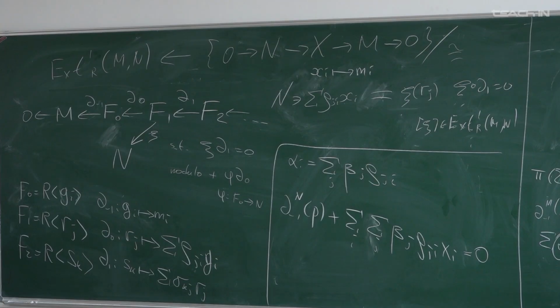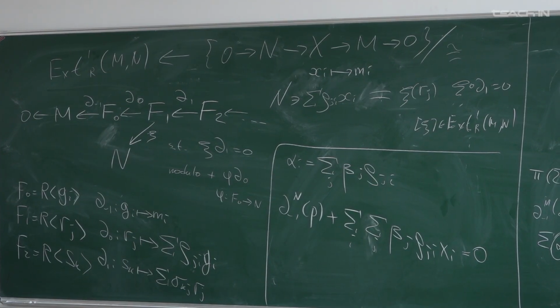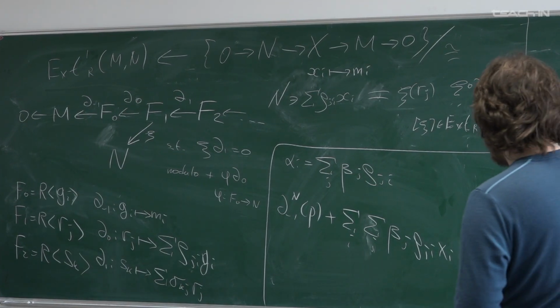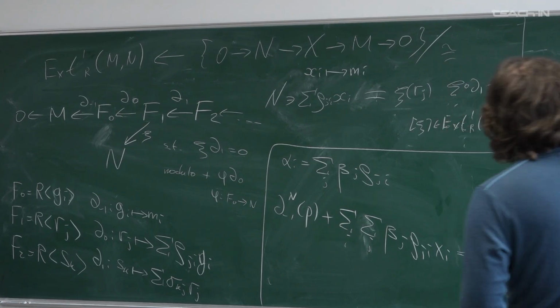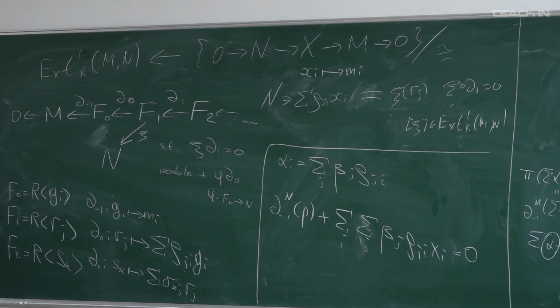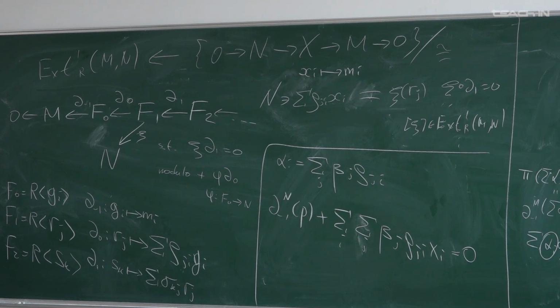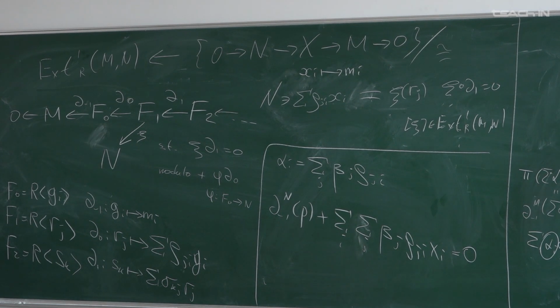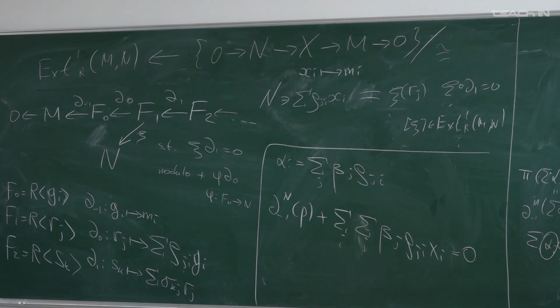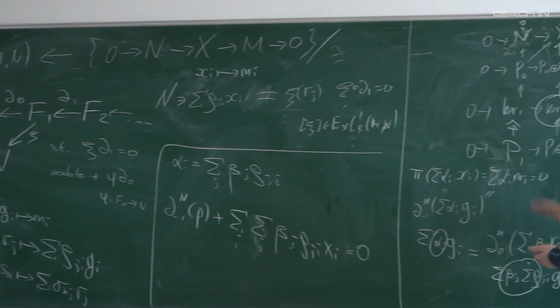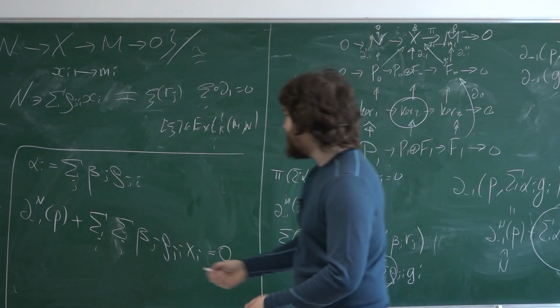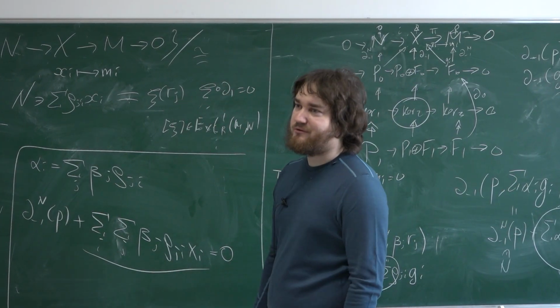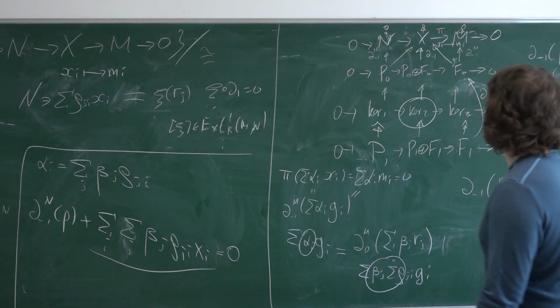Maybe it's enough for us, so let's remember this. I'm going to clear this part of the board. We obtain that if we have an element of the kernel, then it's some submodule of this, and it has 2 coordinates, and on the second coordinate it has this form. That's what I want to say, more or less.